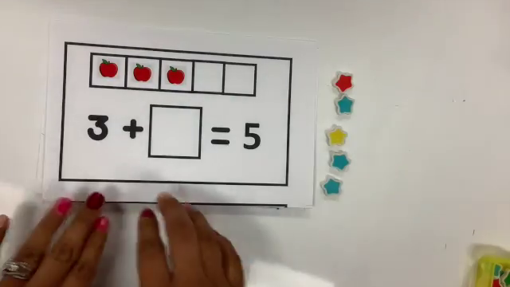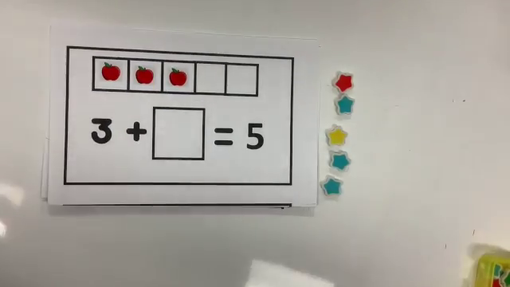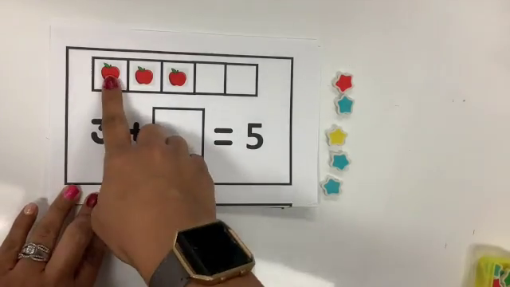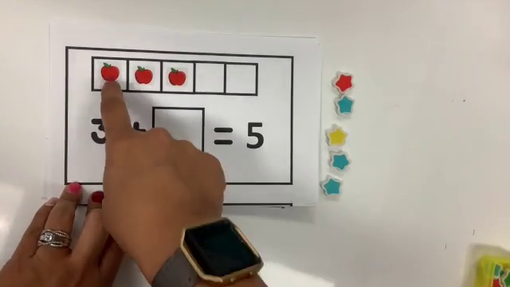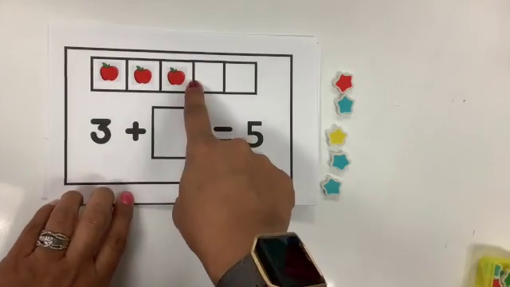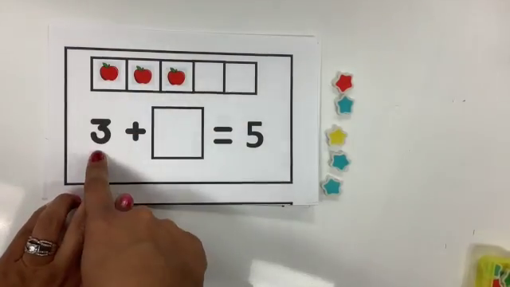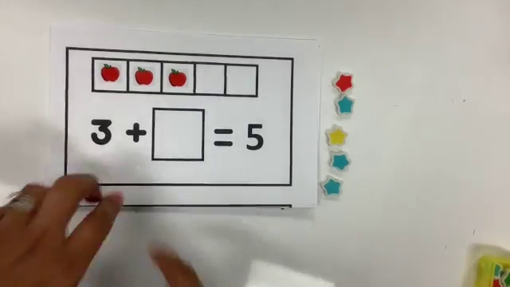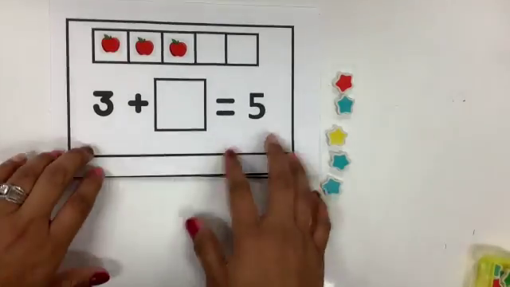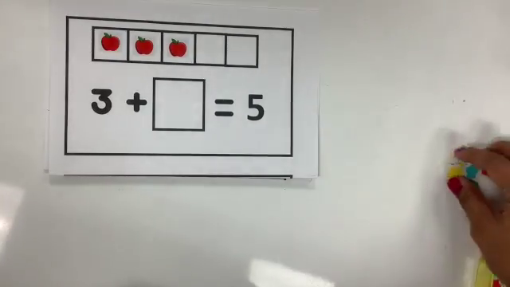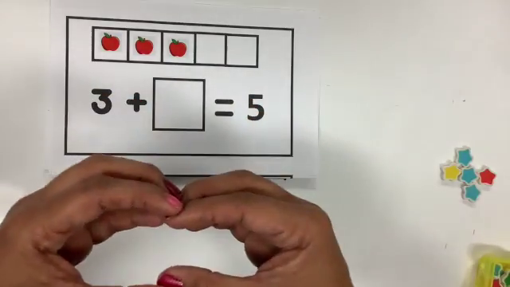So let's get started. We're talking about composing and decomposing the number 5 this week. Here I have, let's count how many apples I have in my 5 frame. 1, 2, and 3. I have 3 apples in my 5 frame. And so that's why I have the number 3 here. I want to compose the number 5. Compose means to put together for a whole.